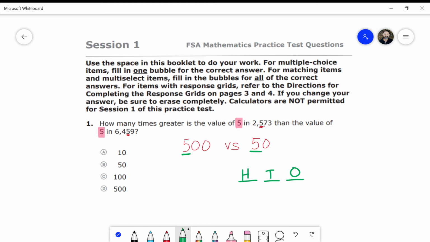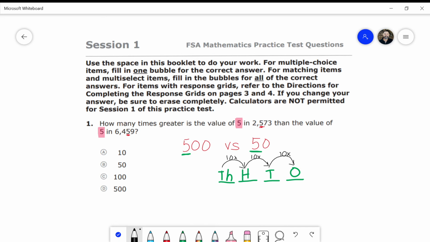Well, the tens place value is 10 times greater than the ones if we're looking at the same digit. And the hundreds place value is 10 times greater than the tens. And we can say the same if we're looking at the thousands. The thousands would be 10 times greater than the hundreds.